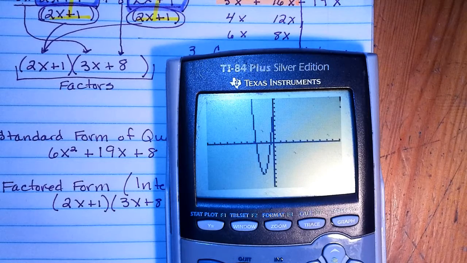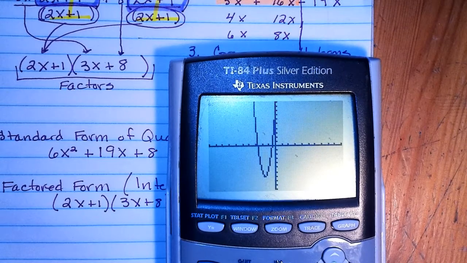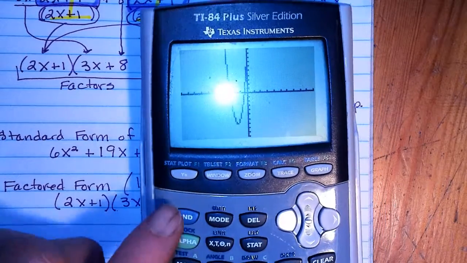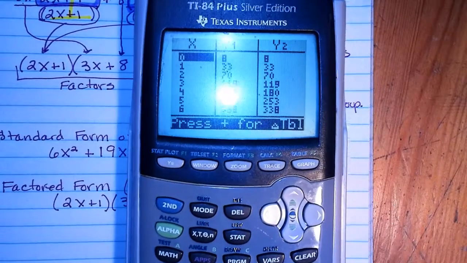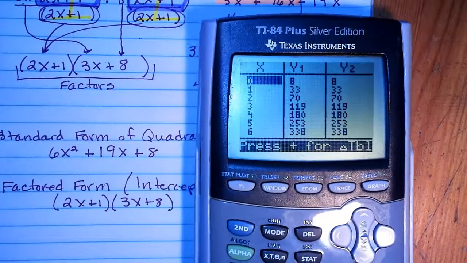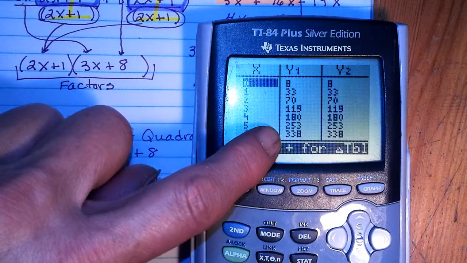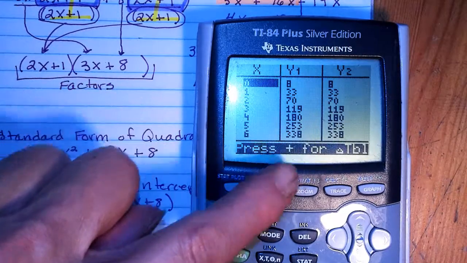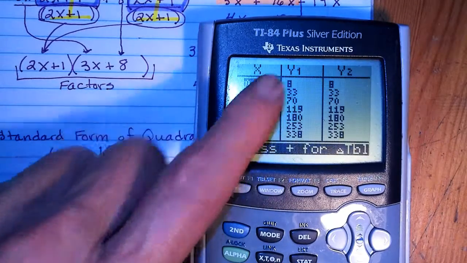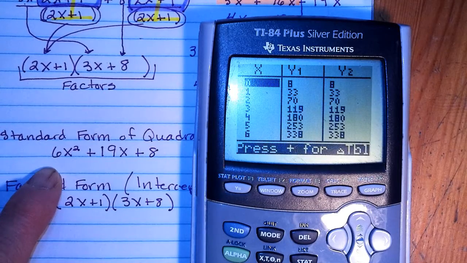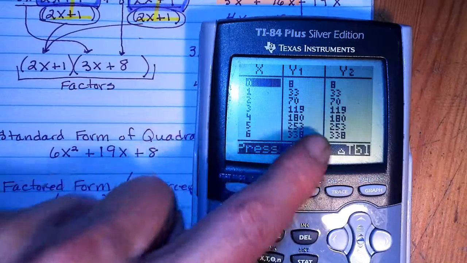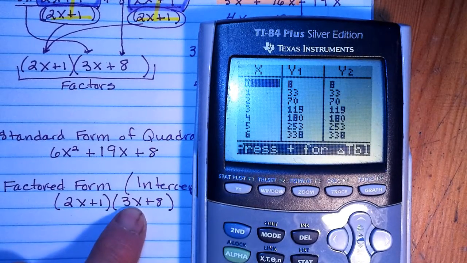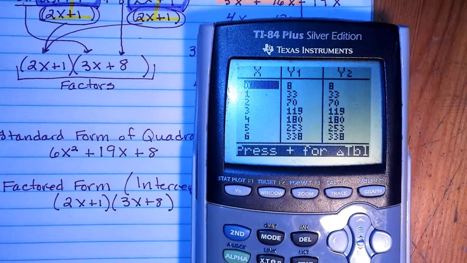As you see, unfortunately I don't have the color calculator here, but I only see one parabola. I'm going to double check by going to my table. Second graph, and as you can see, my y's all have the same value, which means that my first function, 6x squared plus 19x plus 8, is the same as my second function, which is these two binomials multiplied together.